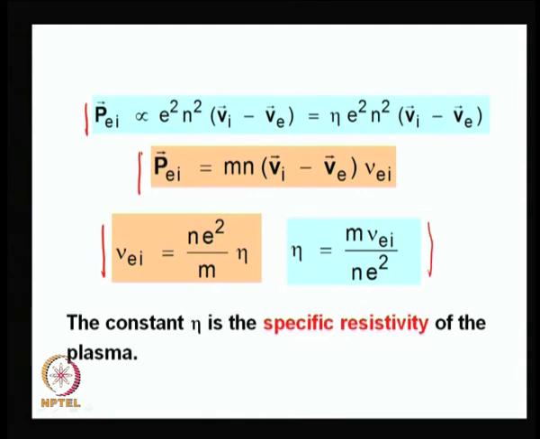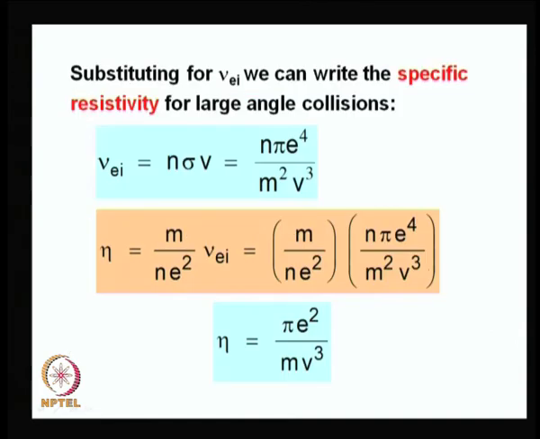What is this constant eta? We can see that it is nothing but the specific resistivity of the plasma. How is it so? Let me explain very quickly. But before that, there is one expression for eta which we can also write by substituting for the expression of the collision frequency in terms of the mass and the charge and the velocity.